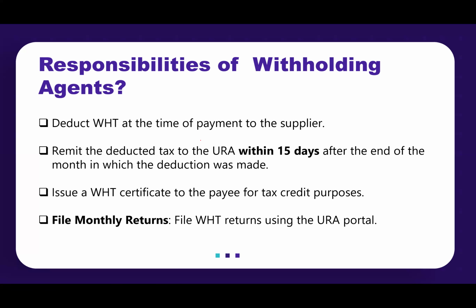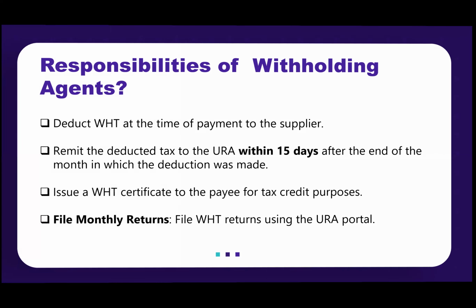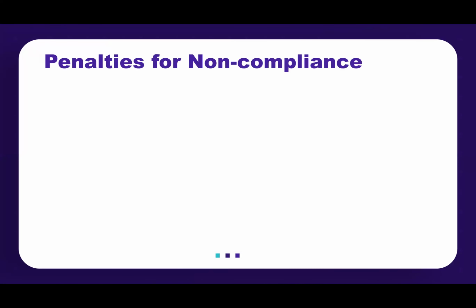You're supposed to file monthly returns. Don't forget, as you're doing PAYE, you also do the withholding tax return via the URA portal. I'm going to be showing you how you'll be doing that. So those are your responsibilities as a withholding agent.